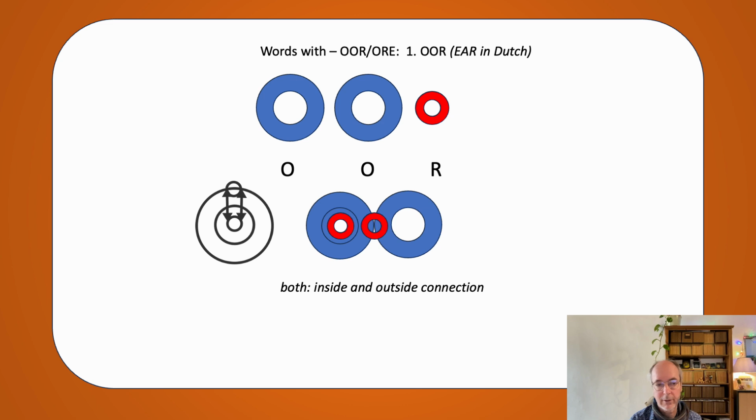Let's do both: make a connection inside and make a connection to the outside, to a different type of O. The R's are the interconnecting connections, the making of connections in a frame of time and space, with the most emphasis on the time frames. That's also what is behind it.